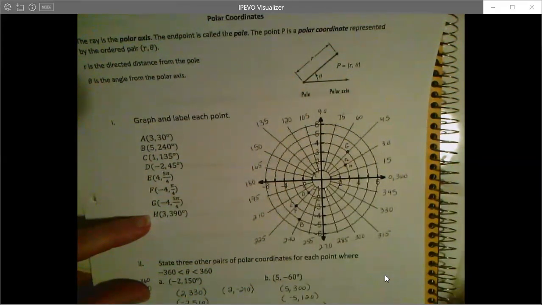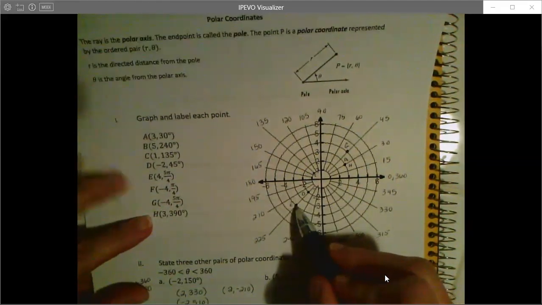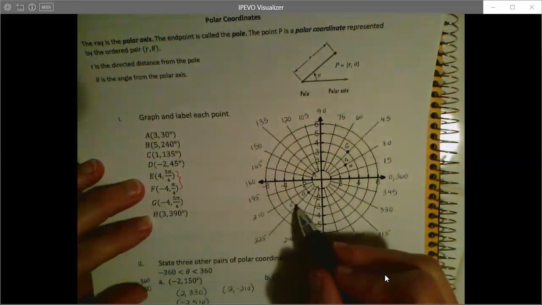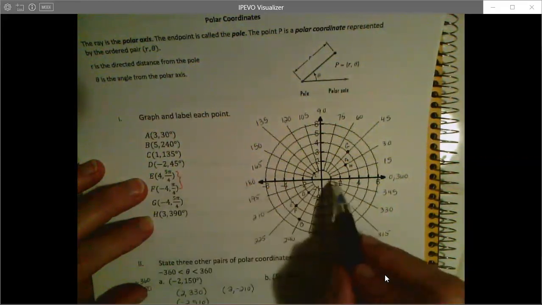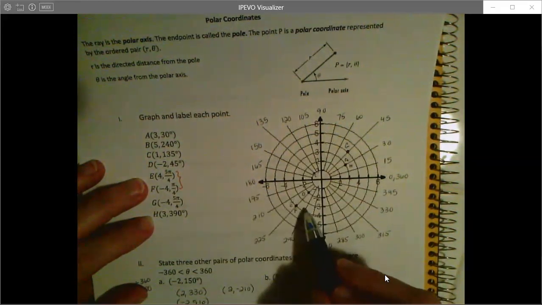Now, there are a couple things I want to point out to you here. Notice that E and F are the same points. If I have 4, 5 pi over 4, that means I went out 4 and I went all the way around to 5 pi over 4.